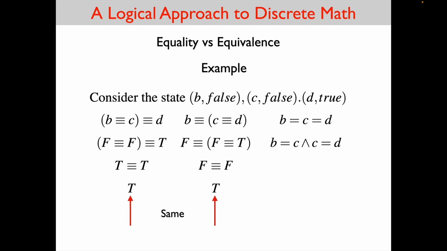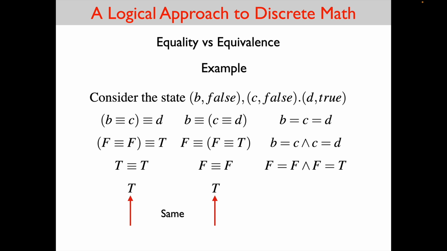So now let's work this one out. If we are in the state B false, C false, D true, what do we have here? We have the expression false equals false and false equals true. Now what is false equals false? Remember, the same truth table applies. So false equals false is true, right?